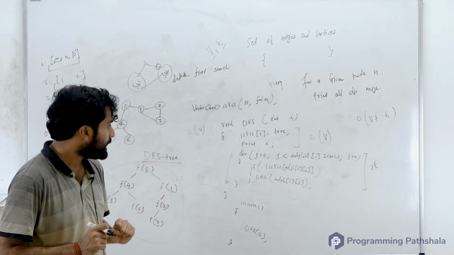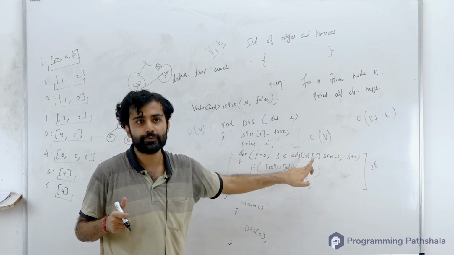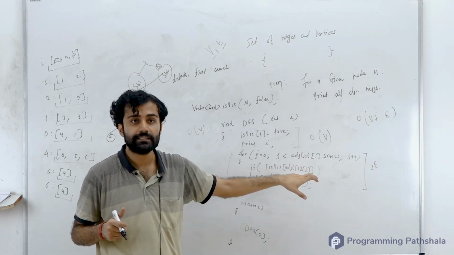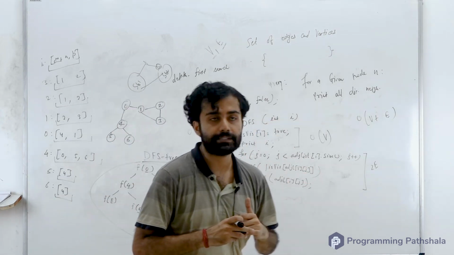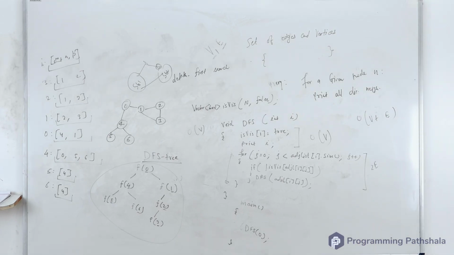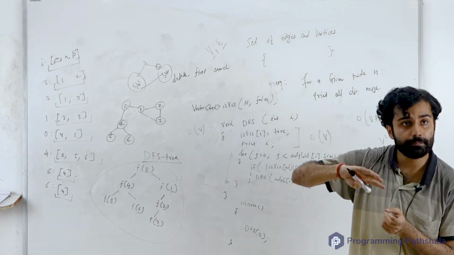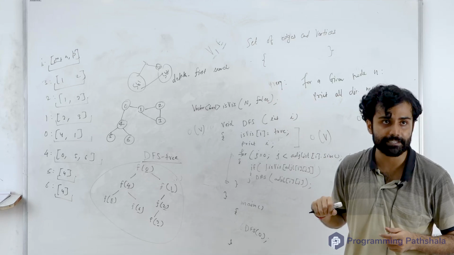Now tell me one thing. If you did not have an adjacency list, then what would have been the time complexity of this DFS traversal? So you have an adjacency matrix instead of an adjacency list. In that case, it would clearly have been order of V square. Why? Because now that previous logic of finding time complexity would have worked.